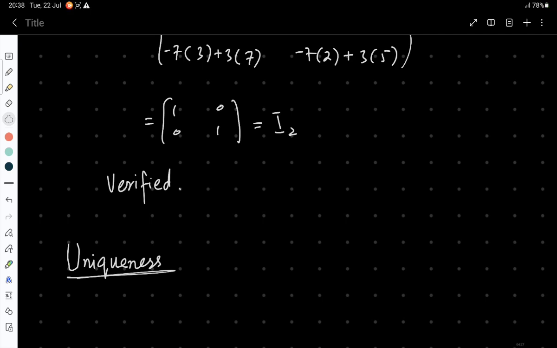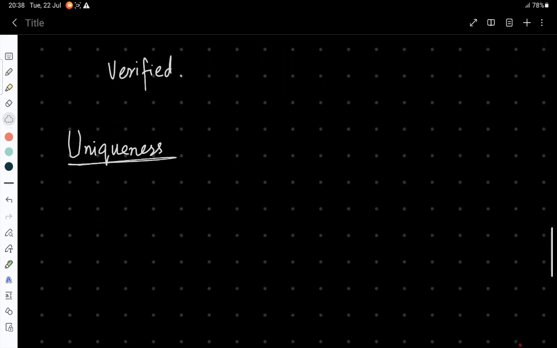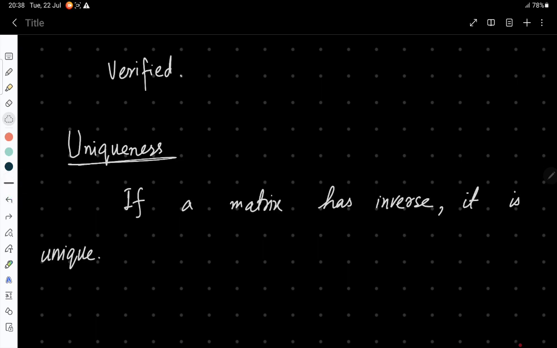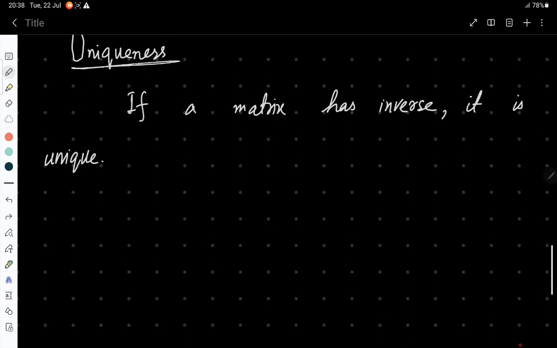Next, we will talk about the uniqueness of the inverse of a matrix. Let's write the statement, then I will explain. The statement is: if a matrix has an inverse, then that inverse is unique.